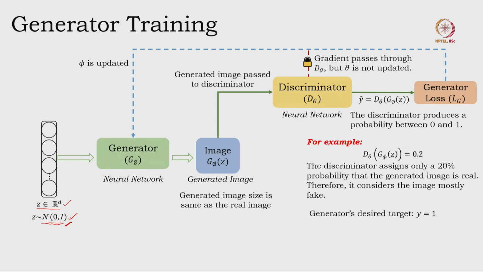Next, this random noise vector is passed as input to a generator, and the generator here is a neural network. A neural network has certain parameters, and we denote them as phi, where phi represents the trainable parameters of the generator. We pass Z to the generator, and the generator transforms this low-dimensional latent vector into a generated image.